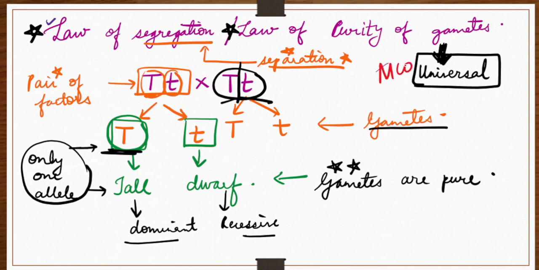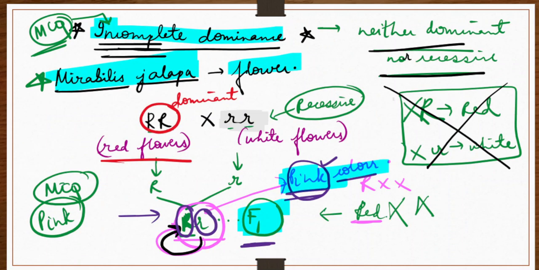This MCQ can be asked because the first law, the law of dominance, is not universal. If it would have been universal, then we wouldn't have got this incomplete dominance. Every time F1 should have been dominant, but we didn't get that here.